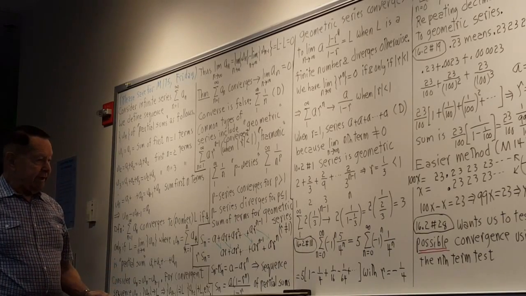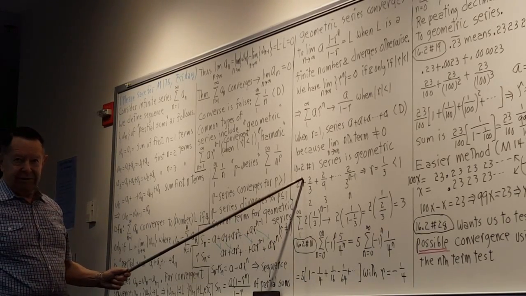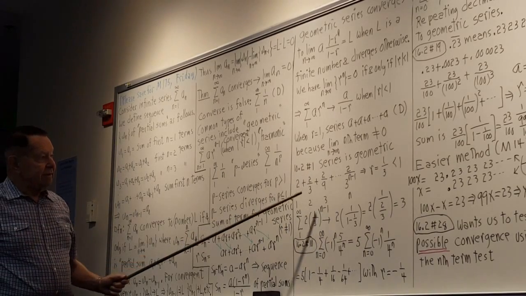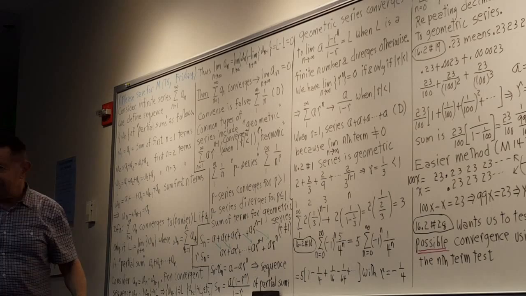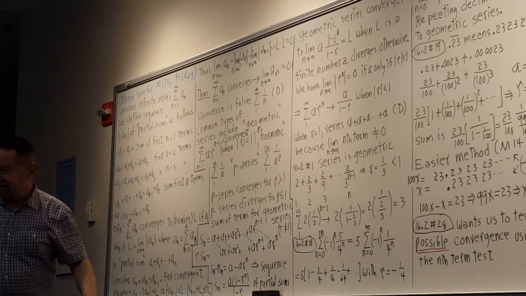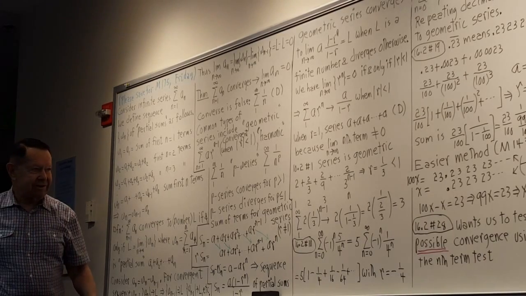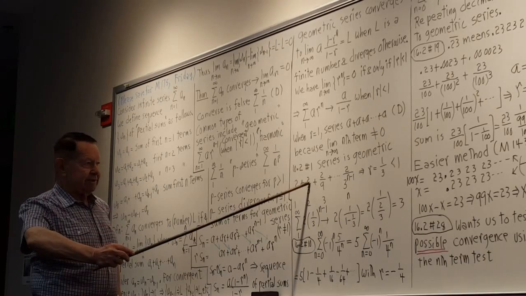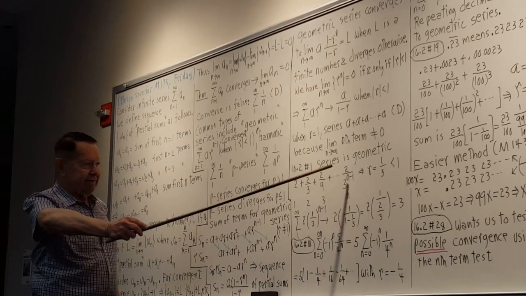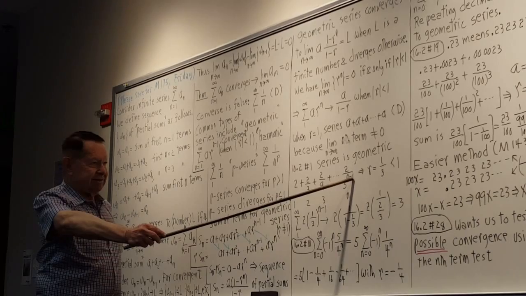Okay, if you look at the first of the problems in section 10.2 homework, you have, not surprisingly, some geometric series, because that's the first thing that you really have a way to sum. So problem 1 is 2 plus 2/3 plus 2/9 plus, up to 2 over 3 to the n minus 1.